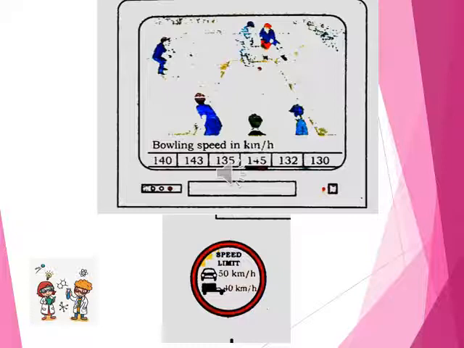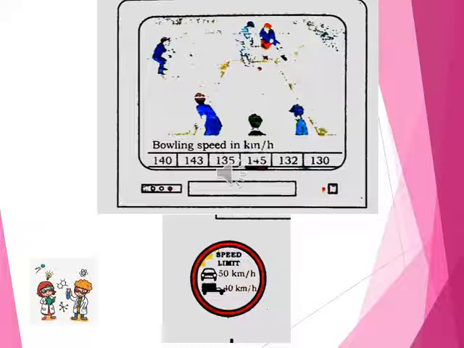See here, 140 km per hour means first over, first ball, the speed of the ball is 140 km per hour. In the second, 143 km per hour. 135 km per hour in the third, and in the fourth ball 145 km per hour, and then 132 km per hour.